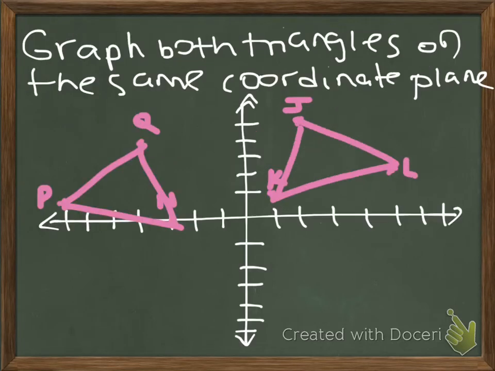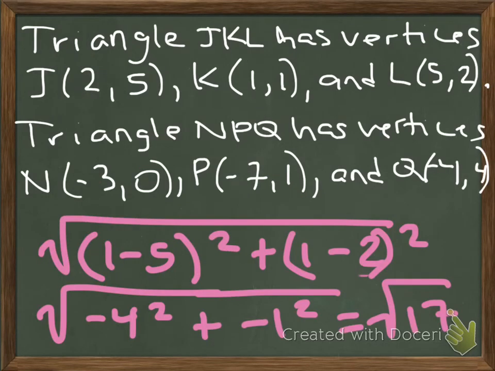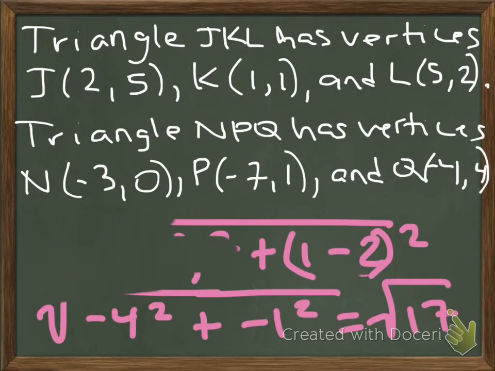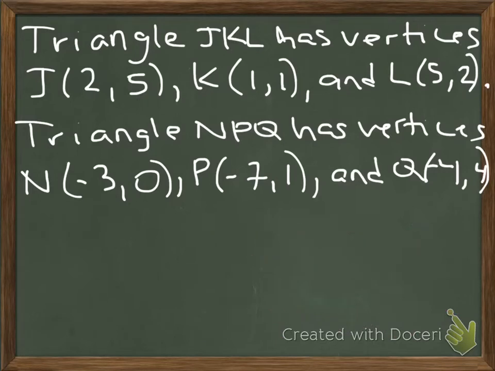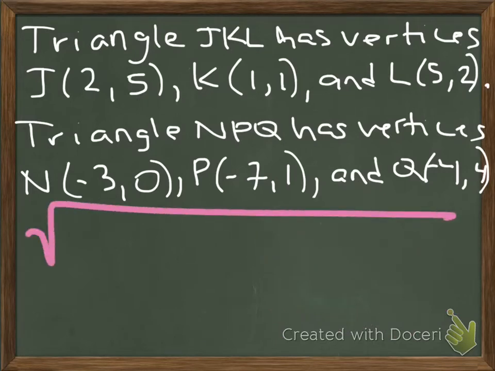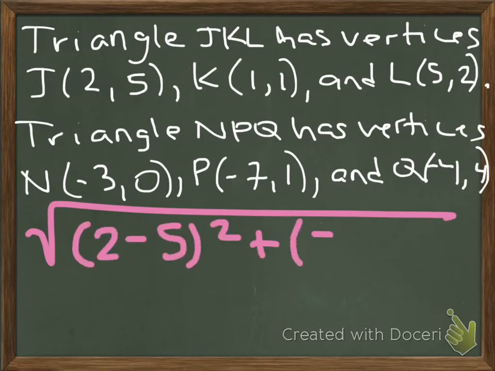And then one more. We did JK and KL, now we have JL. So using our points again and the distance formula, JL is 2 minus 5 squared plus 5 minus 2 squared.